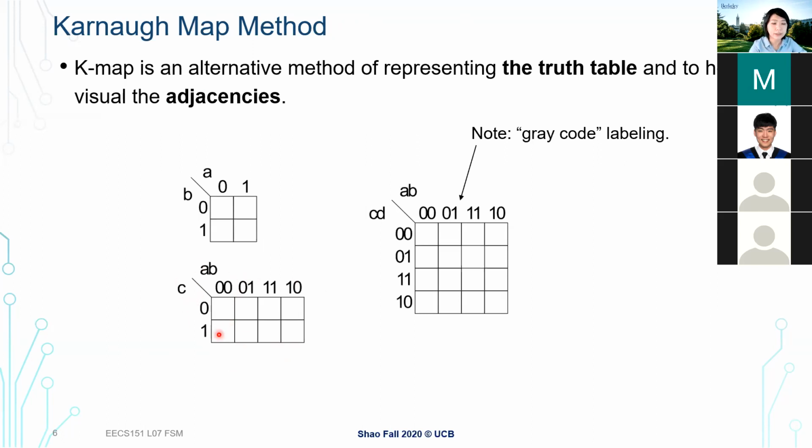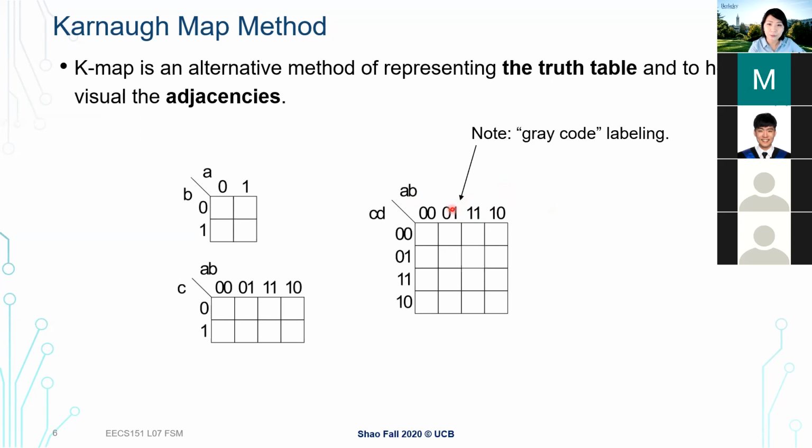One thing you may notice here is that we are using this Gray code labeling. Gray code is another binary code where, in every contiguous code representation, only 1 bit changes. Looking at the combination of A and B, we start from 0,0 and 0,1, which is the same as the way we typically do binary coding. But instead of doing 1,0, we're doing 1,1 here.